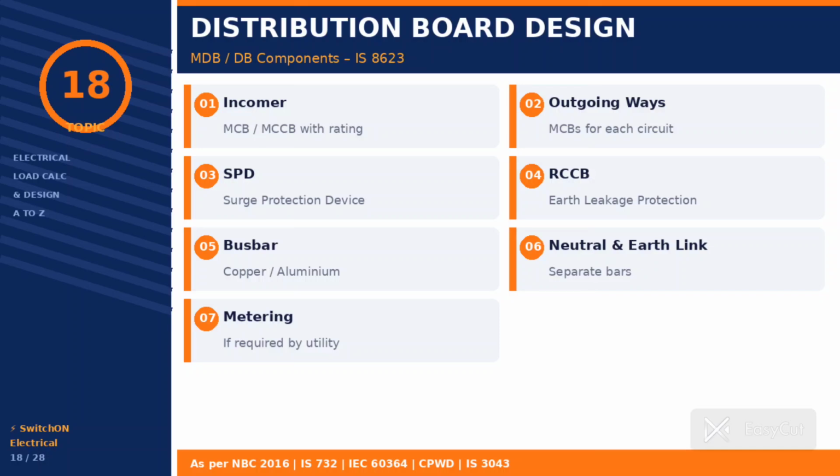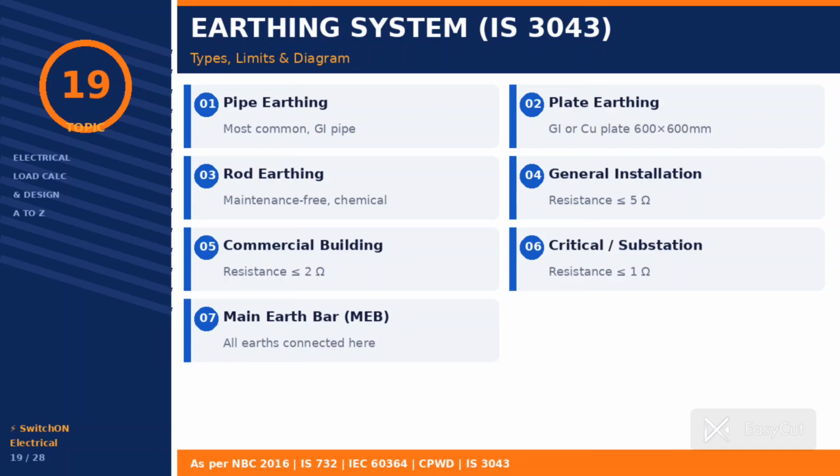Out of 18, 6 for incomer only, that is R and neutral, Y and neutral, and B and neutral. But along with outgoings, you have to check for RCCB also, and busbar. Neutral earth link will be there, metering if required by the utility. This is about distribution load design.